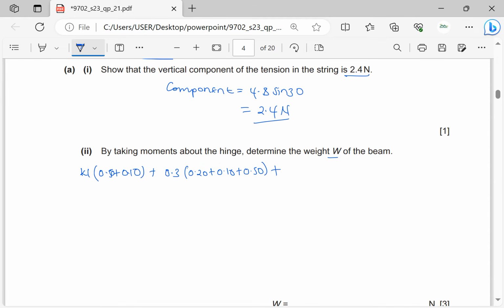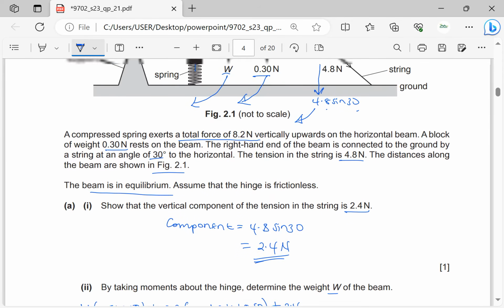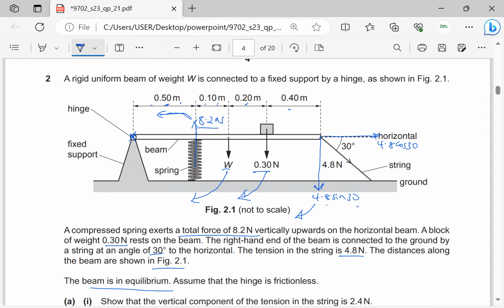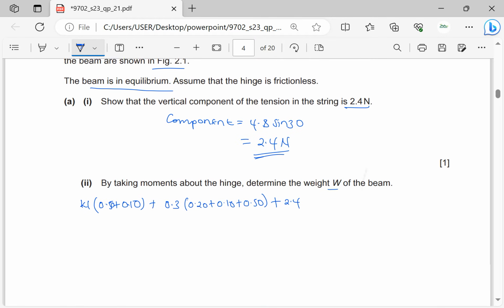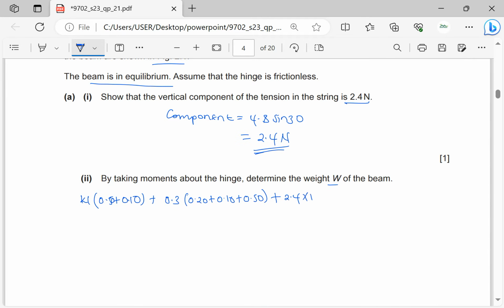I also had 4.8 sine 30, which is the same as 2.4. So 2.4 times its perpendicular distance, which is 0.4 plus 0.2 plus 0.1 plus 0.5, that is 1.2. So I'll just say times 1.2. This should equal the anticlockwise moment, which is 8.2, and its perpendicular distance is 0.50.